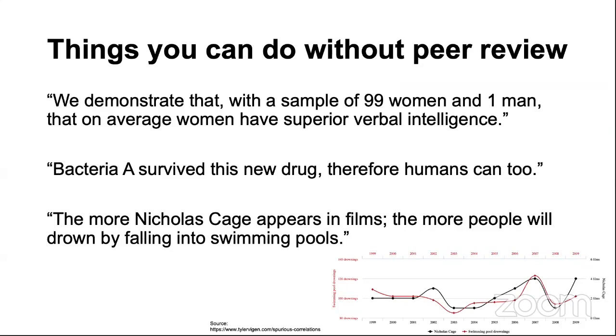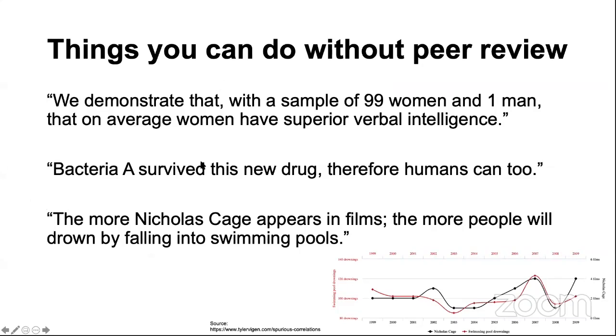And apparently, this is just simply an incredibly bad sample. You're having only one man. What if that man, just by chance, is having a really, really low verbal intelligence, even comparing to the mean of all male populations? Right? So this is something that peer review will be able to prevent.